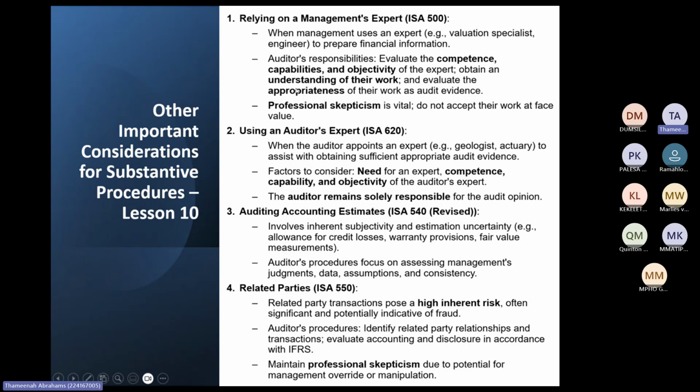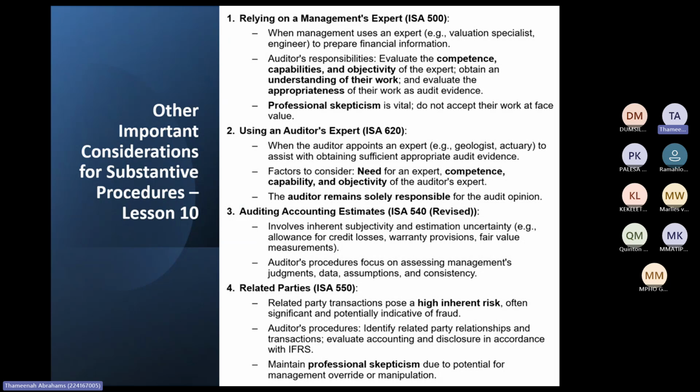Now, as an auditor, you must see whether you can place reliance on your management expert by evaluating the management expert's competency, capabilities, and objectivity and independence. Because remember, the evaluator can be a buddy of the client, maybe of the CFO, CEO. Then there's objectivity issues. Then as an auditor, you can't rely on the management expert.